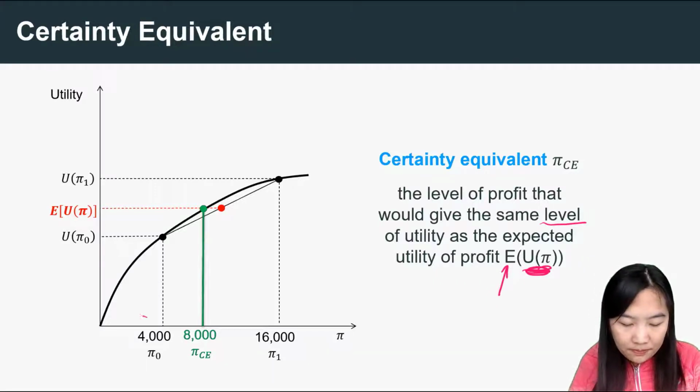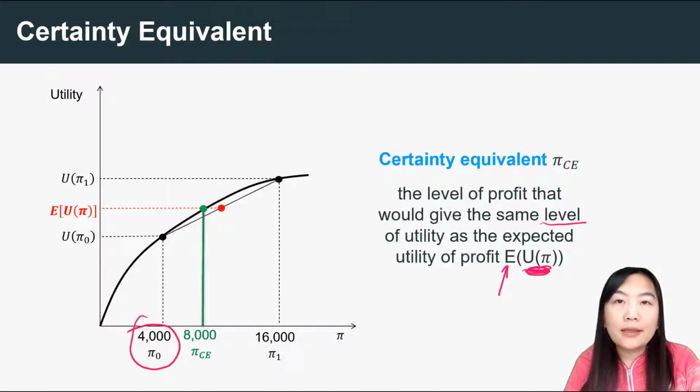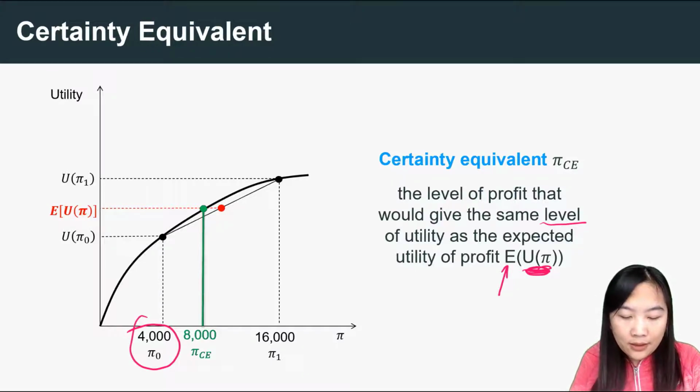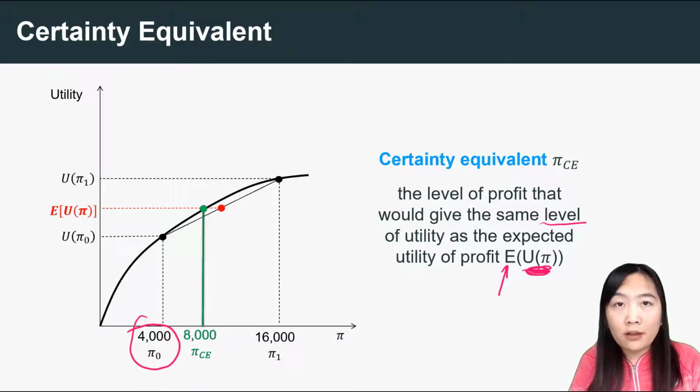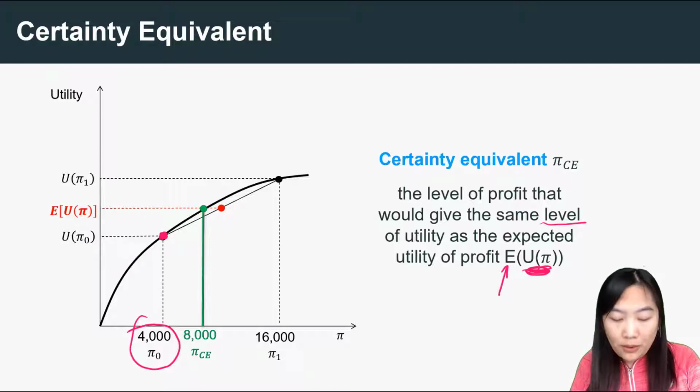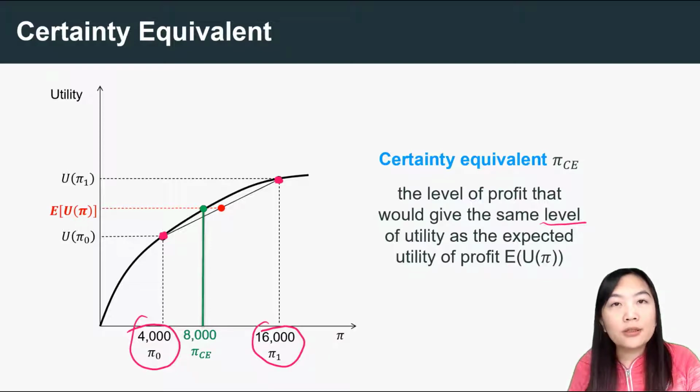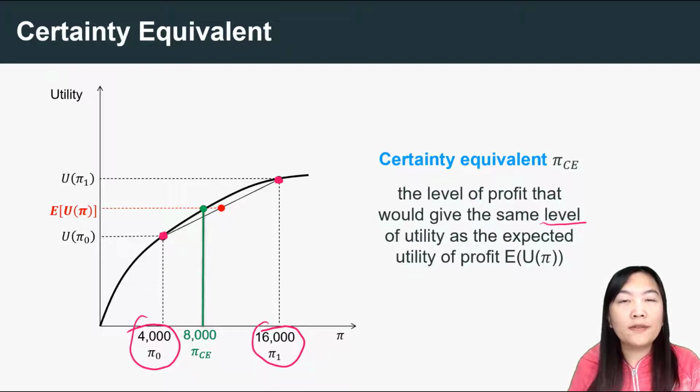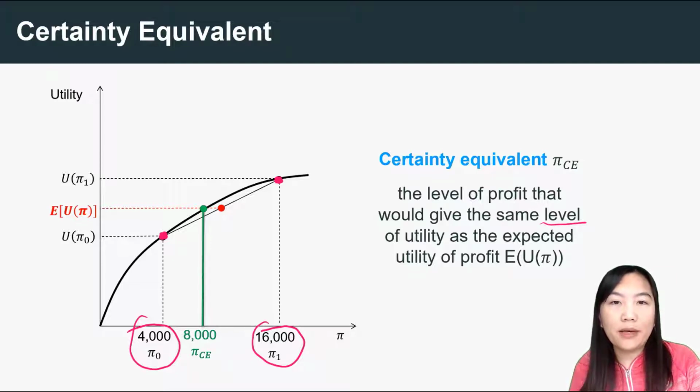Under bad weather, that's the profit, and for the utility of that profit, you have to go to the utility curve. It's here. And good weather, this is a profit, and this is the utility of that profit.